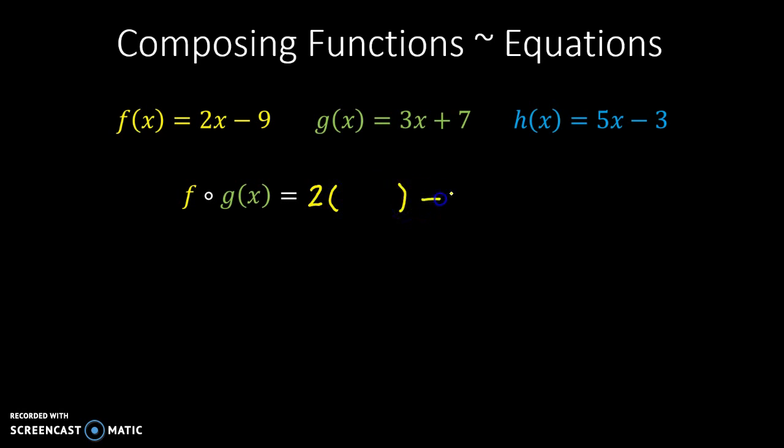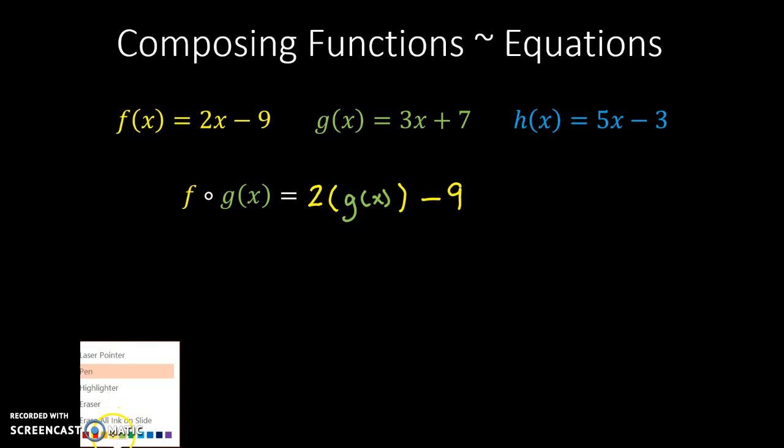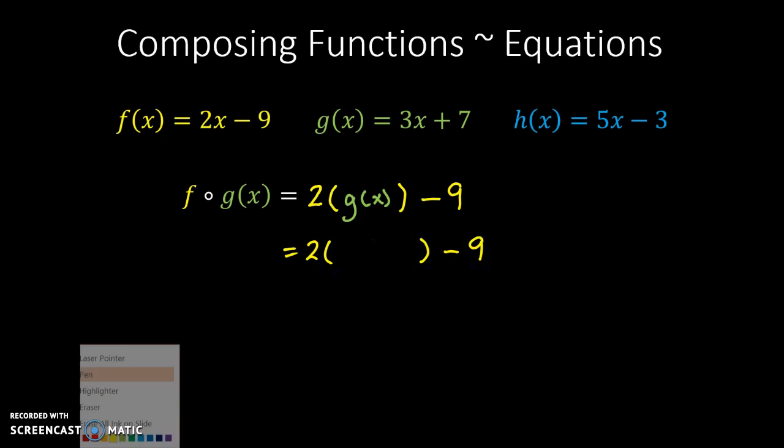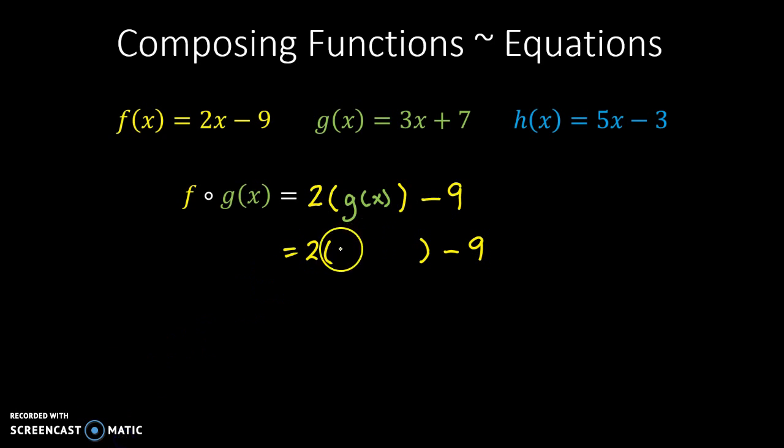So the f function is 2 times something minus 9. So I'm doing 2 times something minus 9, and the something is g of x. Okay, so then it's really 2 times, well, g of x is 3x plus 7, so it's 2 times 3x plus 7 minus 9.